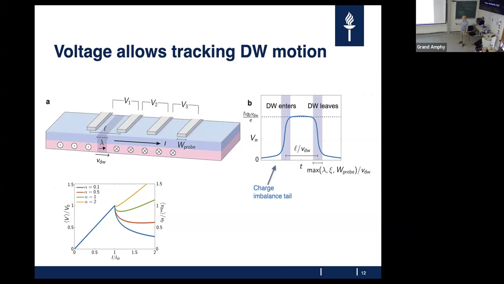The time it takes for this to happen is basically the distance between these voltage probes divided by the speed. Okay, so this would be a signature of the domain wall motion.